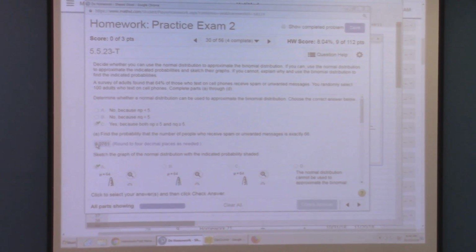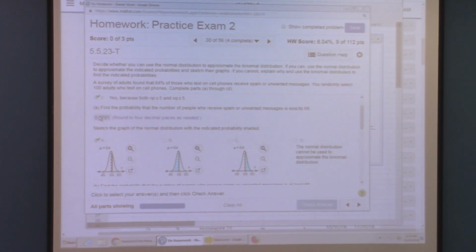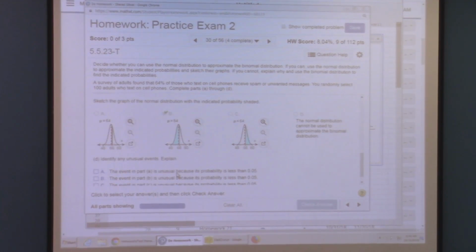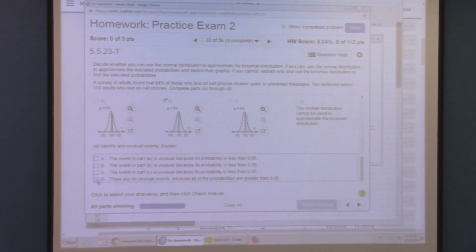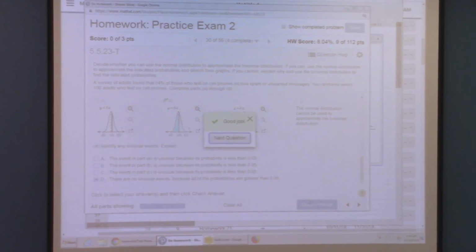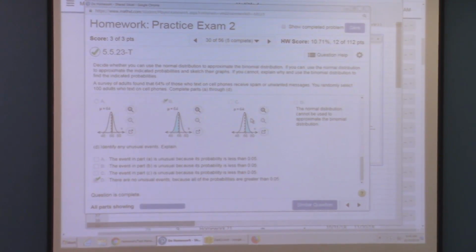Anything less than 5% probability is unusual. This is usual. This is usual. That's usual. No unusual events, because it's all greater than 5%.